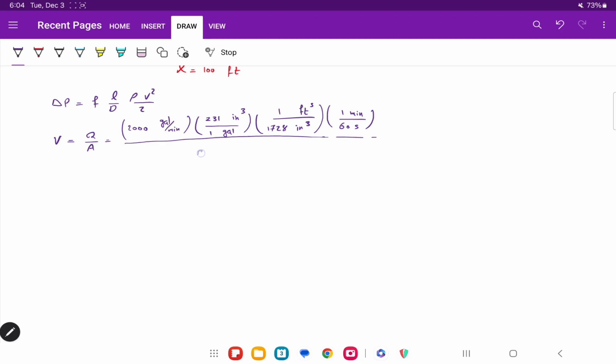Divided by area, pi over 4 times d square. So velocity equals 5.67 over d square.